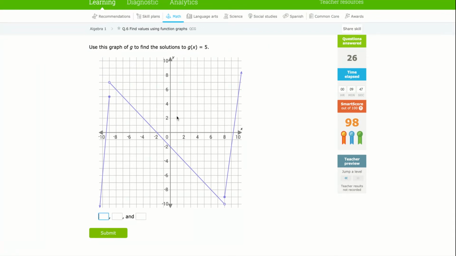I have an output of 5, so I come up here to 5. I have one here at -9. I have another right here at -7, and I have one more all the way over here at 10.